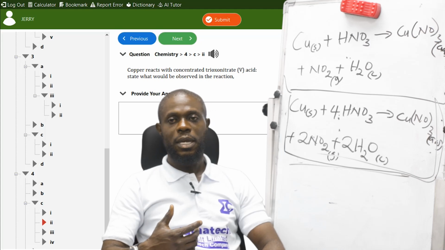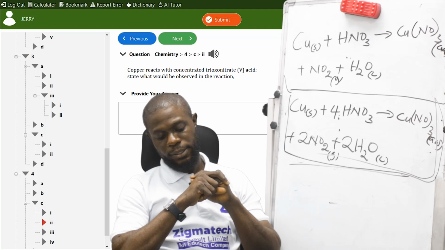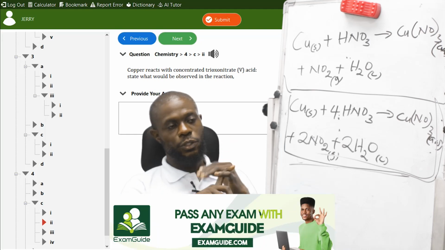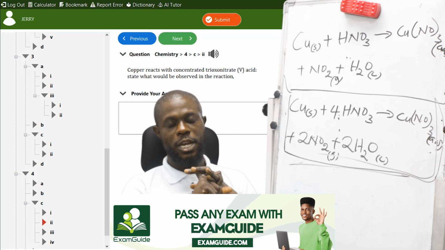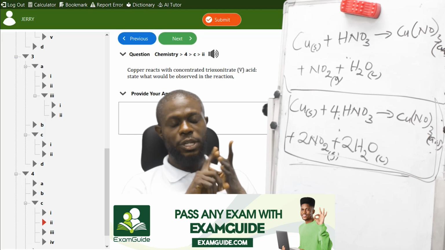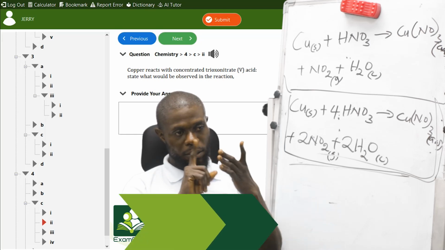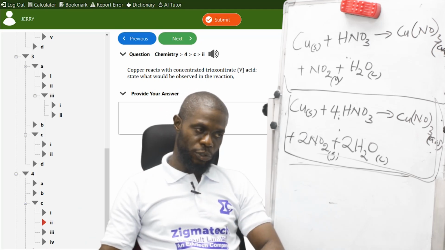A high amount of heat is needed. Then it changes to a reddish-brown gas. Then it turns to a blue solution. So the metal will dissolve, then gas bubbles will be experienced, then a reddish-brown gas, then a blue solution.